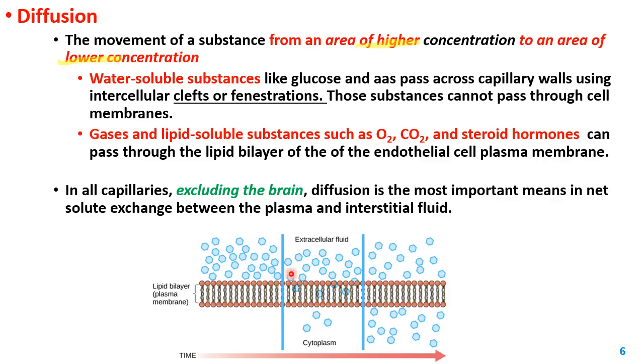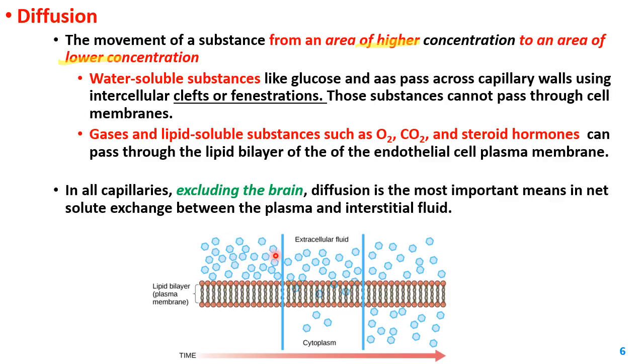Okay. So what is showing here? Here is showing your extracellular fluid, or it could be your interstitial fluid. And here is showing the cytoplasm of the cell. And of course, here is your membrane. Okay. So here we see at first that you have higher concentration of something.